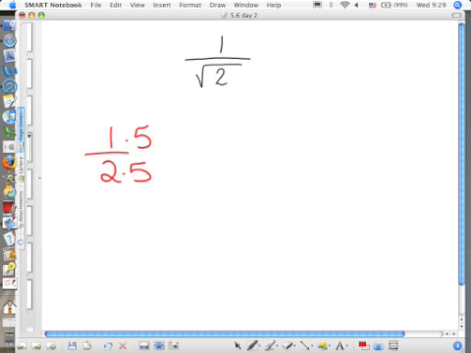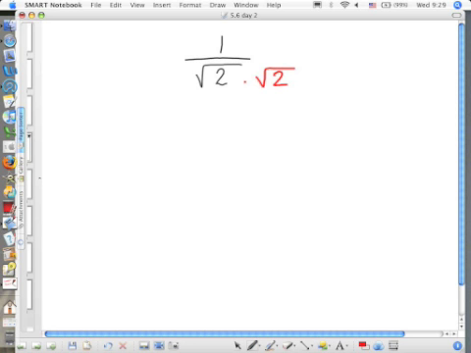Well, when you're dealing with radicals in the denominator, if I want to remove that square root of 2, I'd have to have 2 of them under there, right? So I would multiply by the square root of 2, because what happens in the denominator now? What's the square root of 2 times itself? 2.